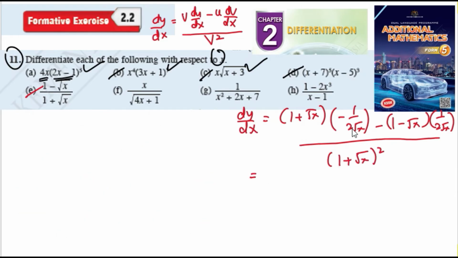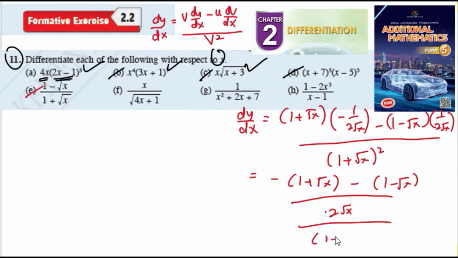So we see here, this one is 2 over root x, this one is 2 over root x. So we can combine. So here we see this one is negative. So negative, 1 plus root x, minus this one, 1 minus root x, divided by 2 root x, divided by 1 plus root x squared.